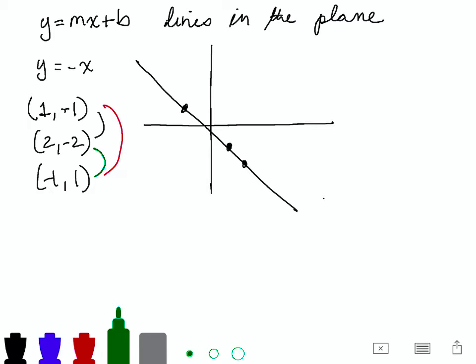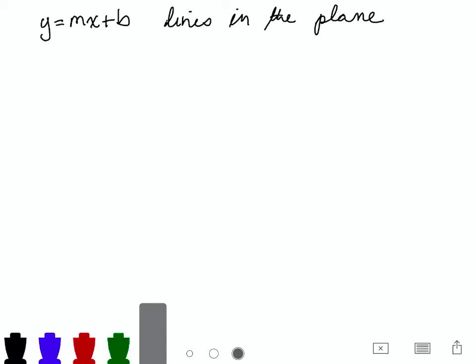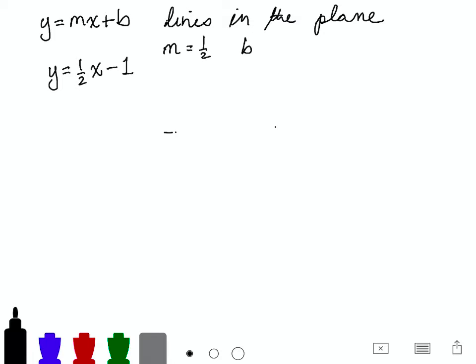Now let's look at a slightly more complex linear equation. So let's look at y equals 1/2 x minus 1. So here m, which is the slope, is 1/2, and b is negative 1.